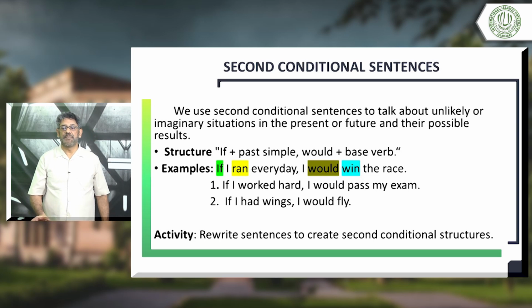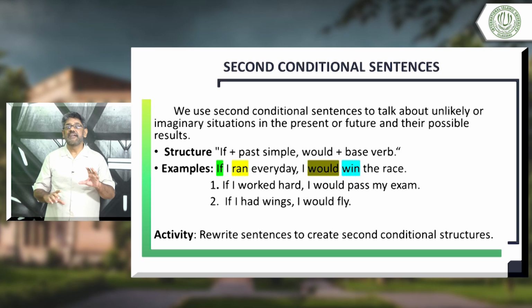You see, would win in the first sentence, would pass here. We are talking about conditional. You may confuse it with will. I will come tomorrow. This is a simple future tense. There is some certainty in it. When you say I would come tomorrow, this means it depends on some condition.